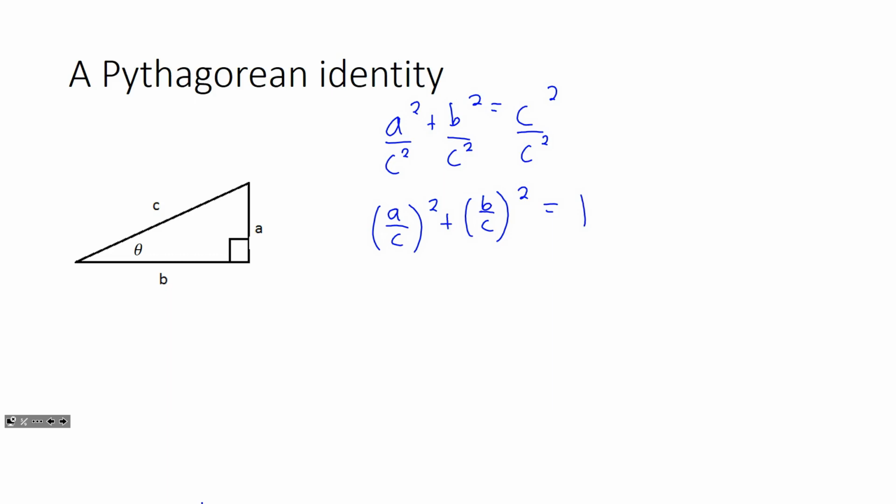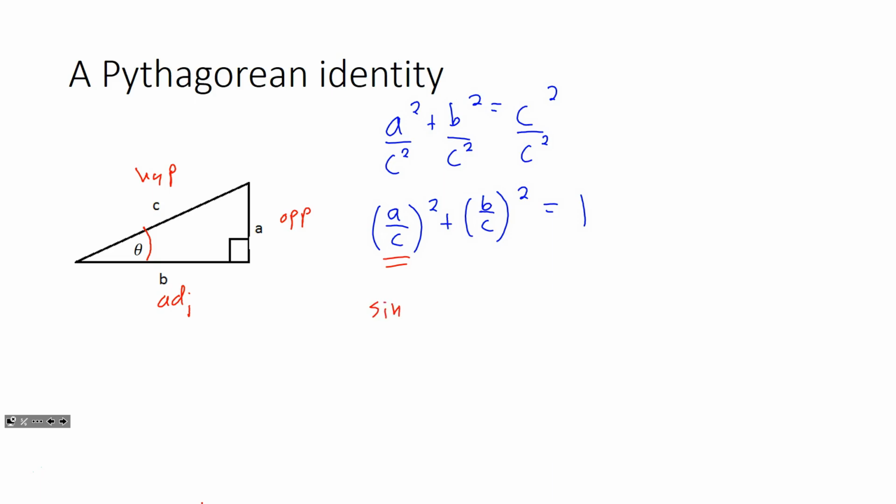Now let's look back at the illustration. Notice I've identified the angle theta here. A would be the opposite of that angle, B would be the adjacent, and C would be the hypotenuse. Then this first fraction, A over C, would be the opposite over the hypotenuse, and we know opposite over hypotenuse is the sine.